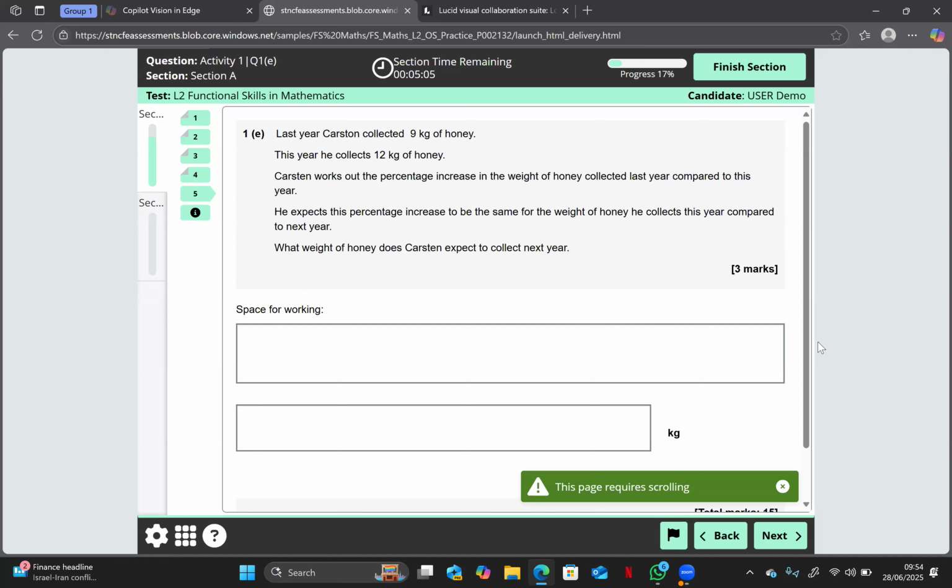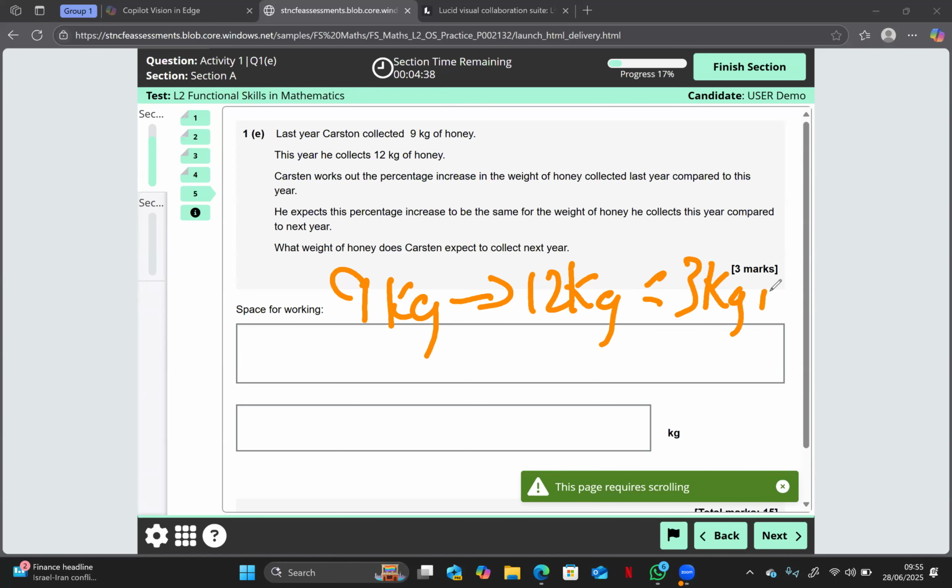He expects the percentage increase to be the same as for the weight he collects this year compared to next year. What weight of honey is he expected to collect next year? So we know that you've gone from last year 9 kg to 12 kg, which equals a 3 kg increase.